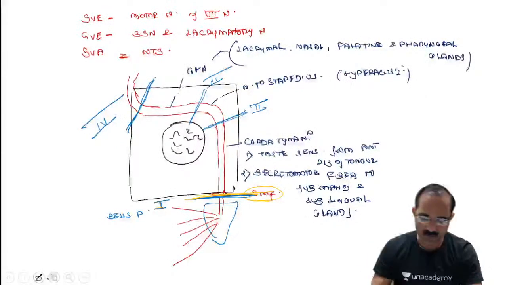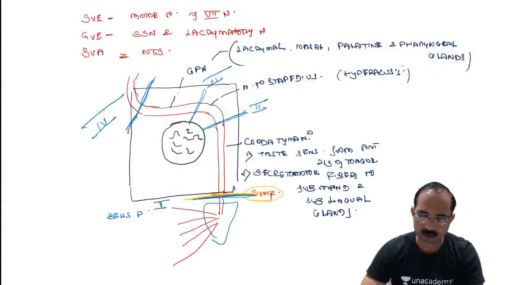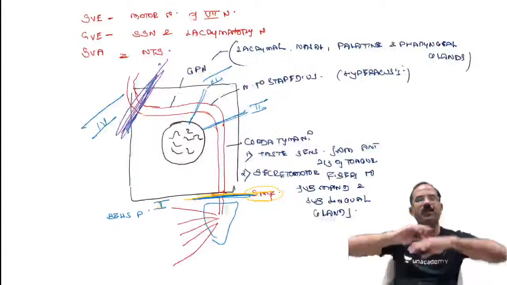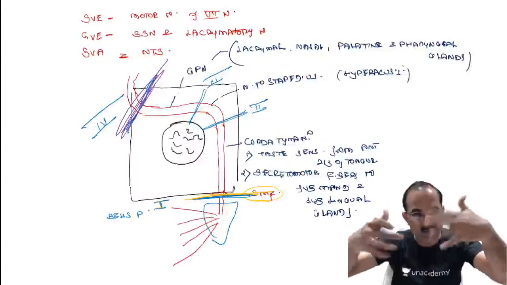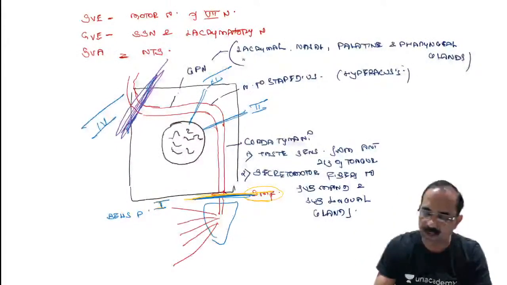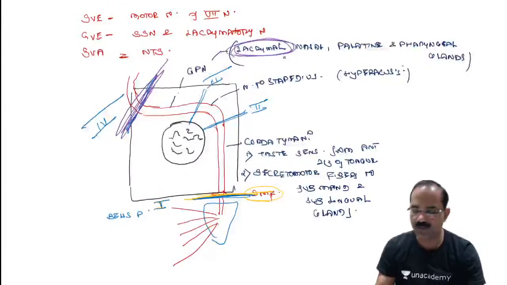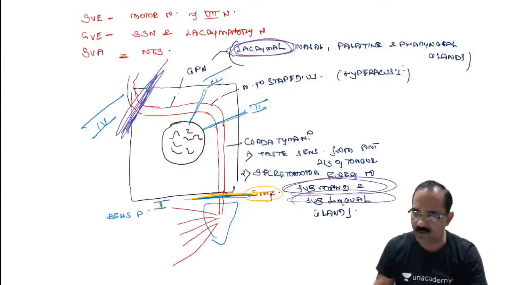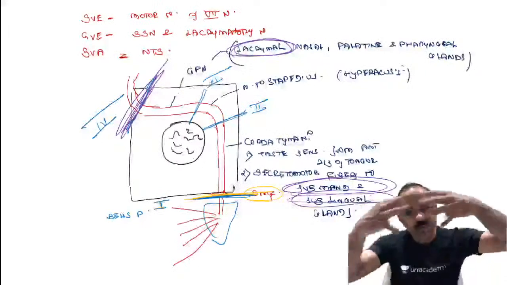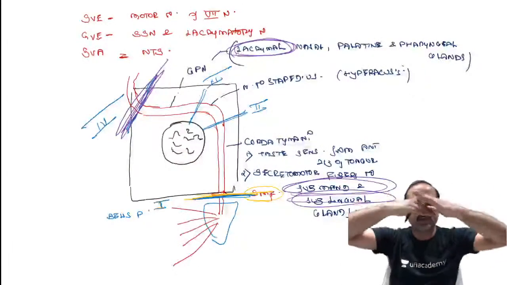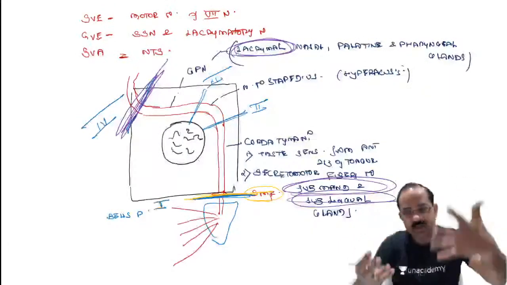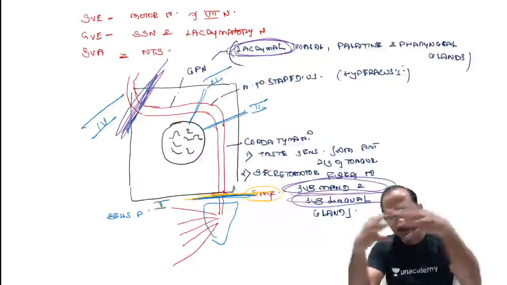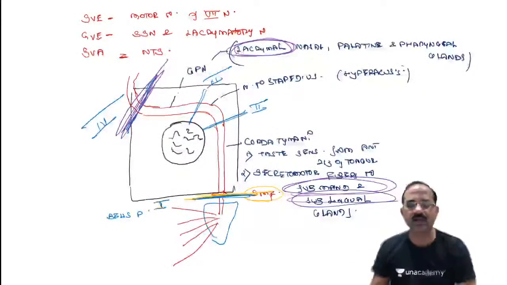So, one more thing I'll tell you, taking the advantage of this MCQ: when there's a lesion of facial nerve above the genu, above the geniculate ganglion, high lesions of facial nerve, when there's a regeneration going on, the fibers going to the lacrimal gland get mixed with the fibers going to the submandibular and sublingual gland.